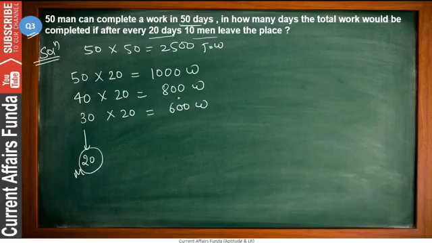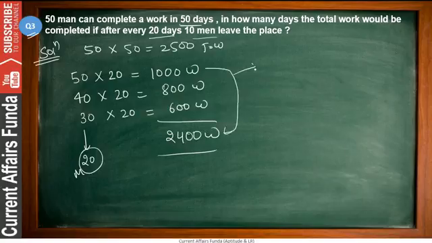First of all, calculate so that the work does not exceed 2500: 1000 plus 800 plus 600 will be 2400 work. So what is the remaining work? 2500 minus 2400, the remaining will be 100 work.